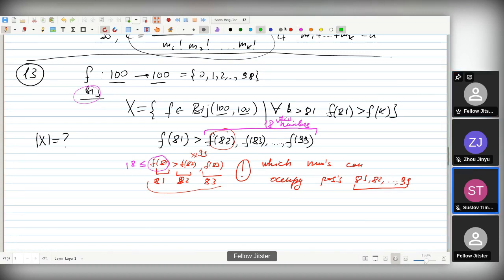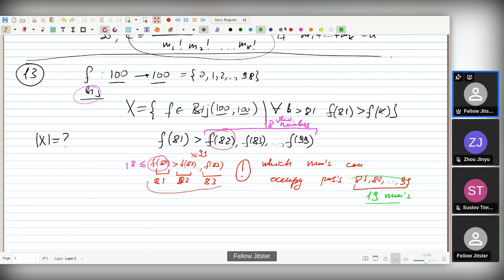But among 90 numbers, and among 19 distinct numbers, there necessarily is a number which is greater or equal than 18. Do you agree?